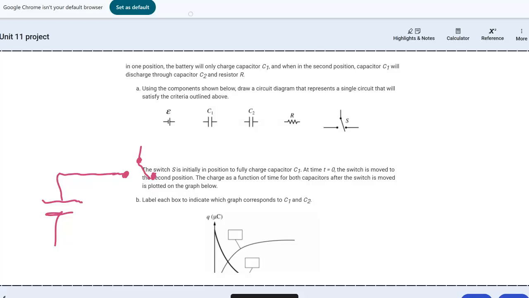And then capacitor 1 would be connected to the top here.